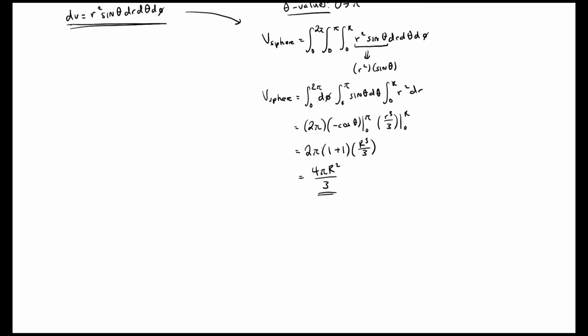So we figured out volumes. Now we should probably figure out the surface area of a sphere. So with the surface area of a sphere, we're going to need to define a differential surface area element.